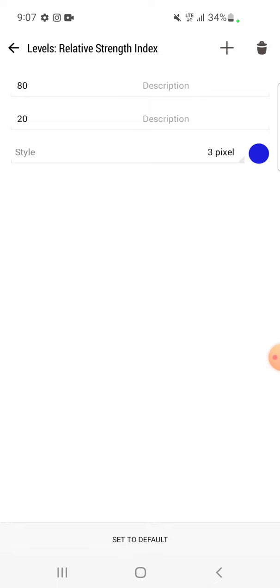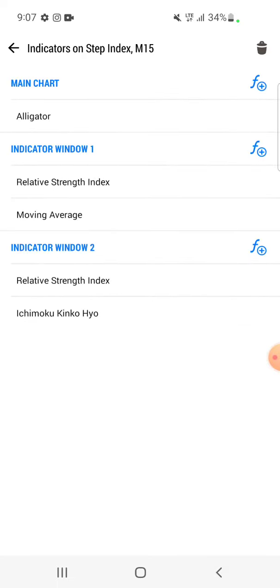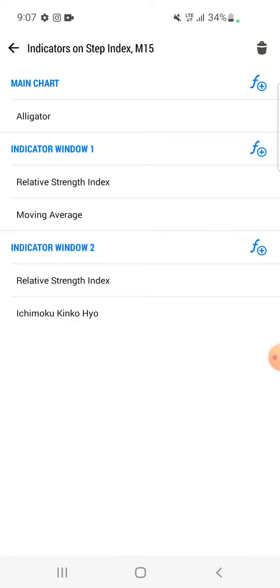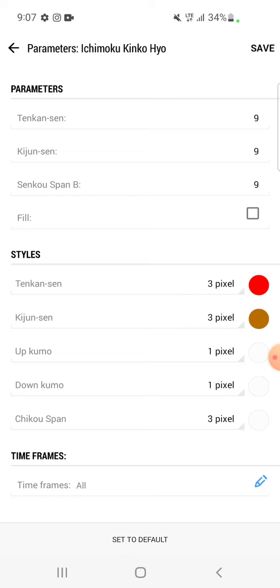After doing that, you click on save, and then this is going to appear under your indicator window 2. So you click on it, and then search for Ichimoku Kinko. After looking for Ichimoku, give it these settings. Tenkan Sen is 9, Kijun Sen is 9, and then Senkou Span B is 9. Don't click on this field, please leave it like that.